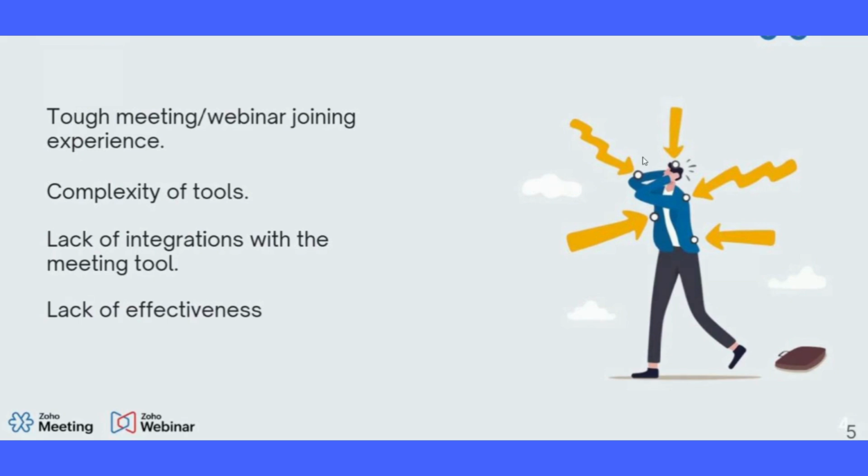Users may be asked to register to their platform, download one of their applications, or get a plugin tool, and go through different sorts of tiers before joining a meeting. Imagine a meeting link is sent for a meeting at 3 p.m. If the user is joining right after another meeting, right at 3 p.m., that user will have to take some time to go through the process because of all these tiers where they have to register or download different sorts of applications.